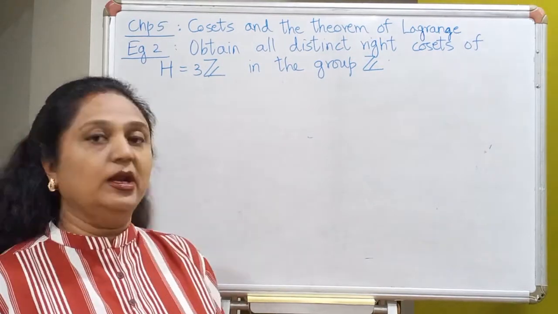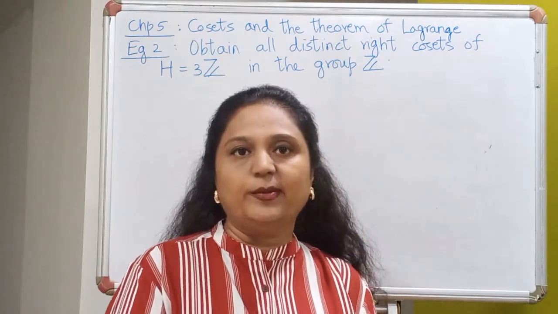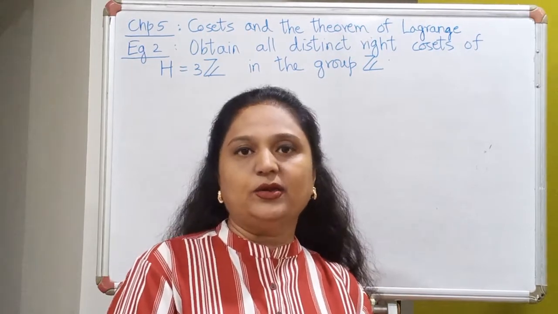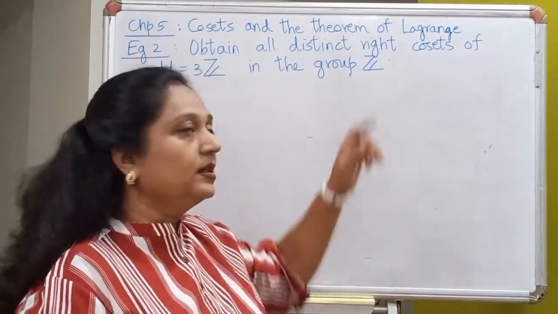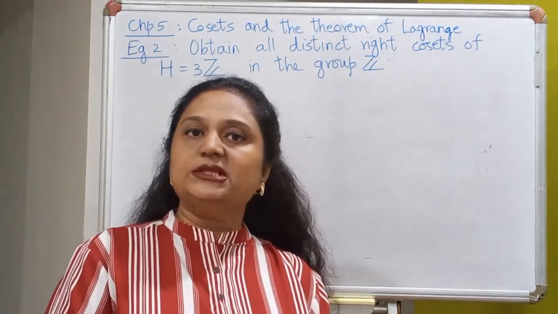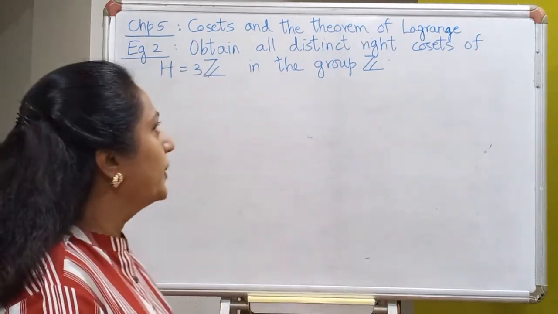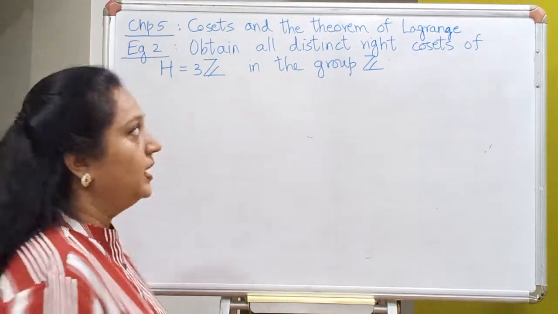Again, it won't really matter whether we find right cosets or left cosets because this group is also abelian. But just for the heck of it, let us find all right cosets. Another important thing to note over here is that the group operation is addition, not multiplication. So do not make the mistake of multiplying the elements in the coset. Because the group operation is addition, yes, there's one more difficulty.